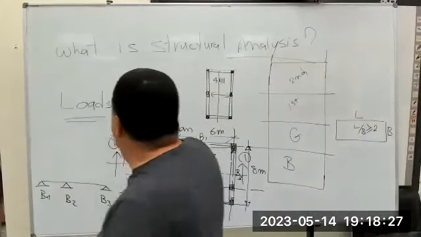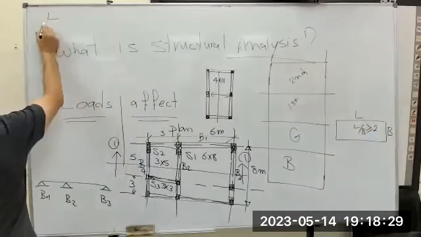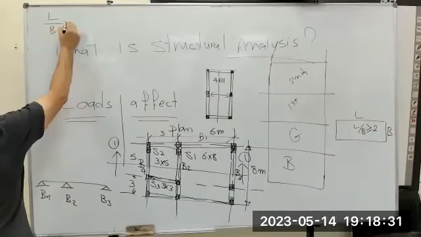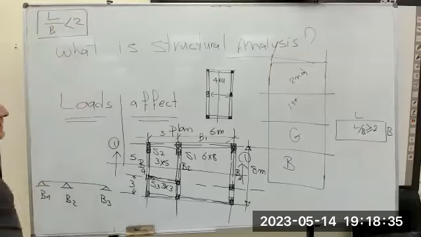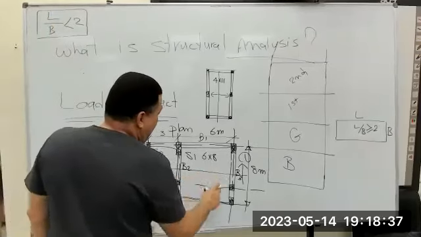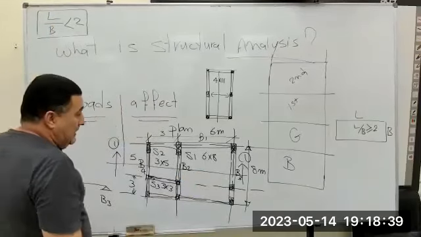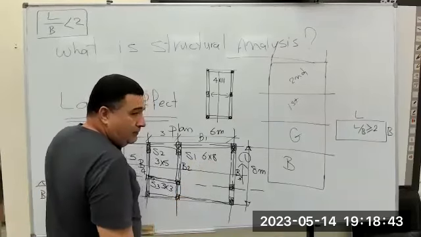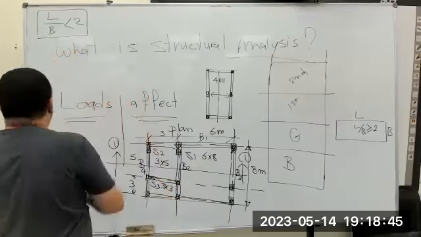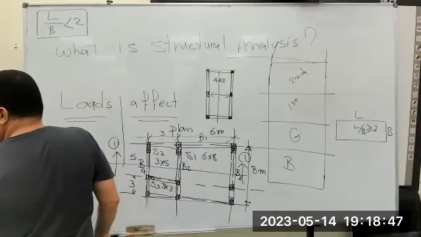But if L over B is less than 2, then this is a two-way slab. Let us see this slab. So now this slab here, 8 divided by 6, is less than 2, which means what?